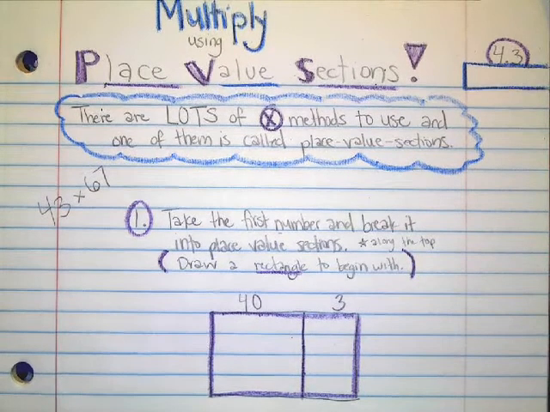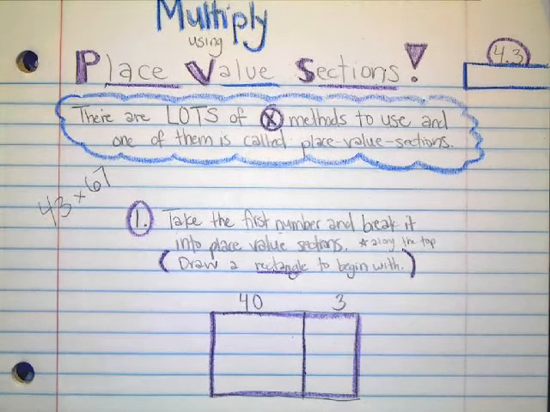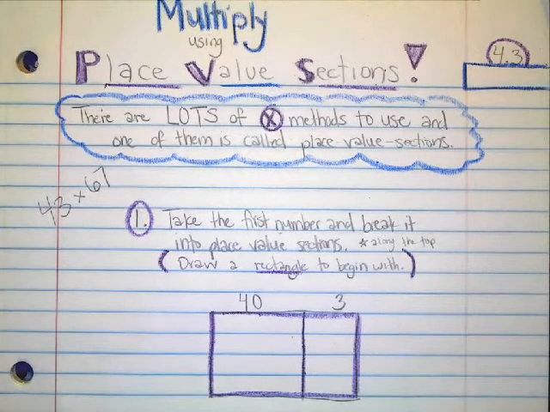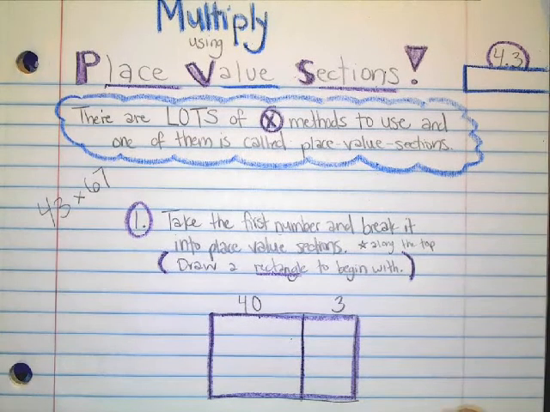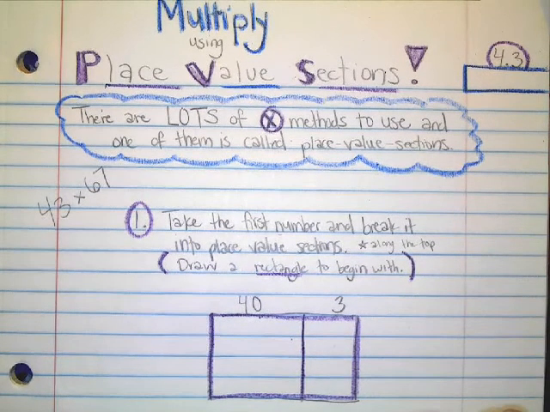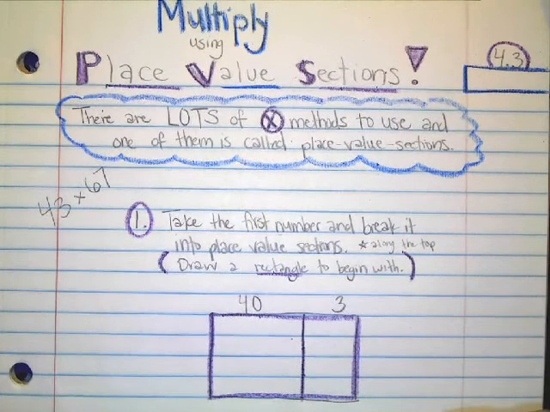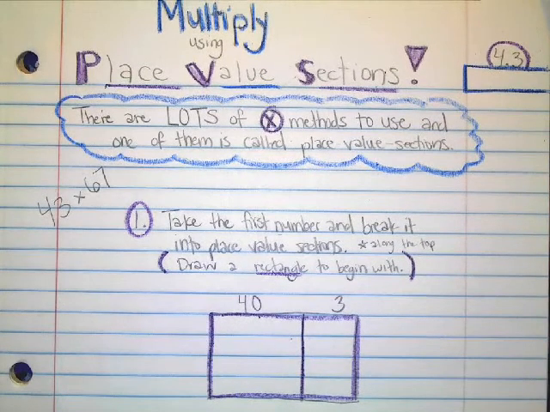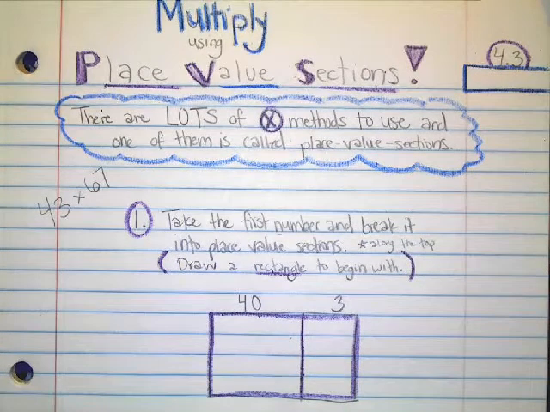So the next step is take the other number and break it into place value sections.